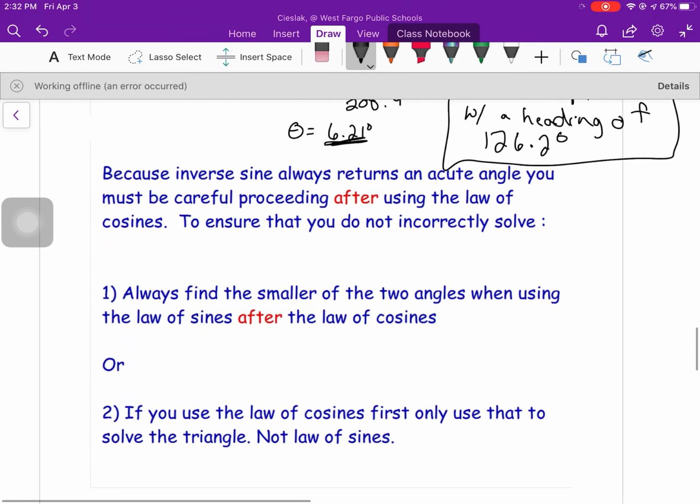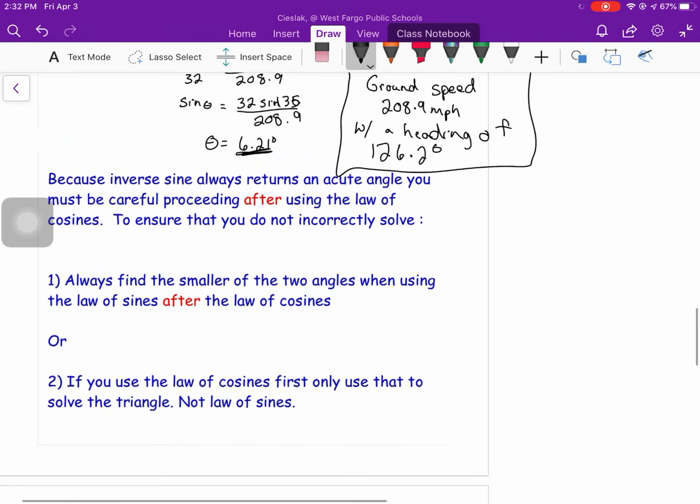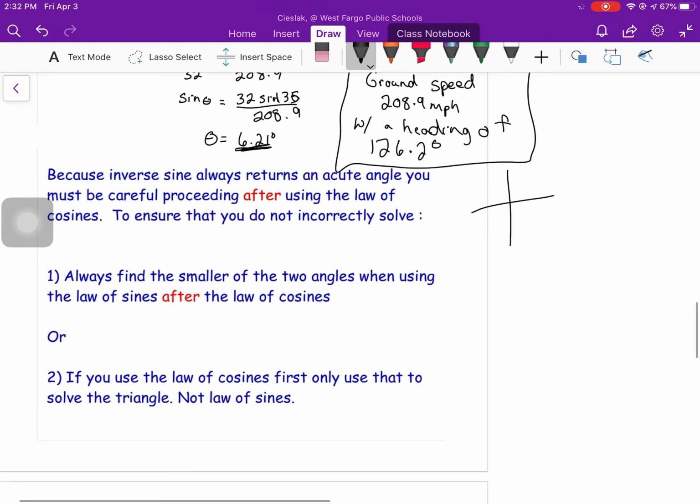Now, let's talk about this, because this is really important. Because inverse sine always returns an acute angle, you have to be careful using it after you've already used law of cosines. When you think back to your inverse trig functions, sine was between 90 and negative 90, so it was always going to return an acute angle.